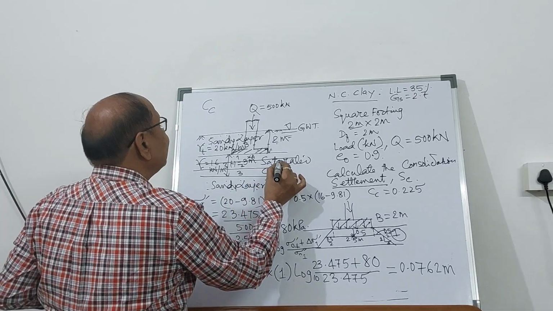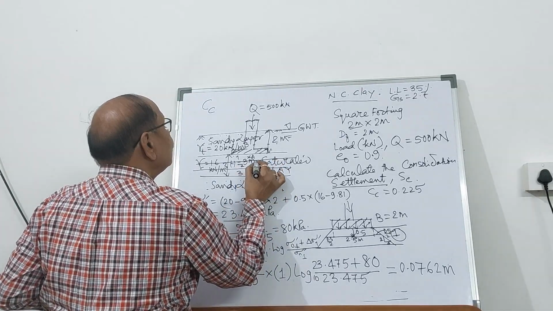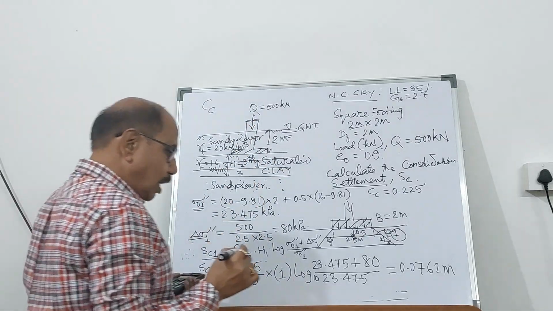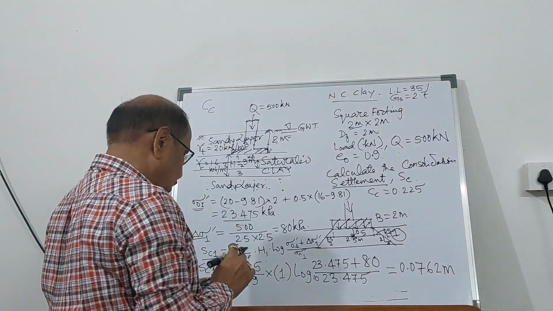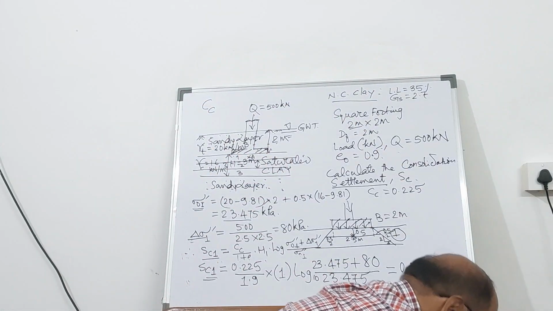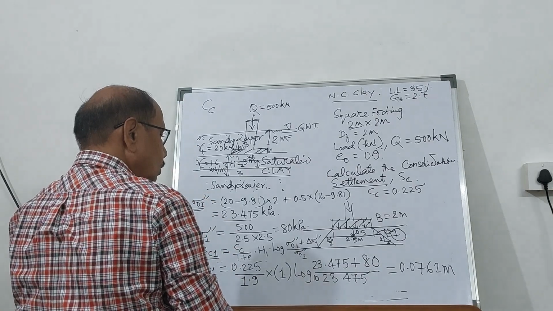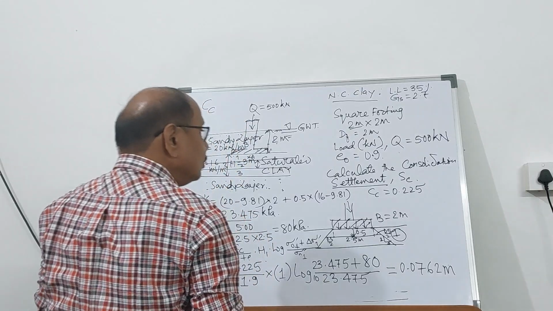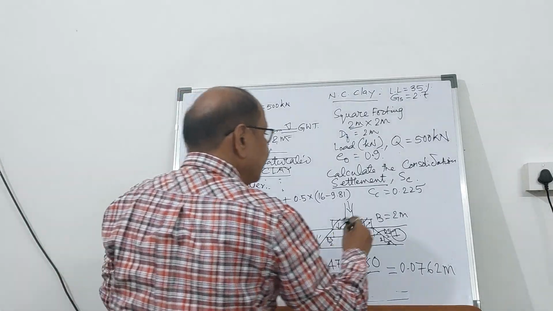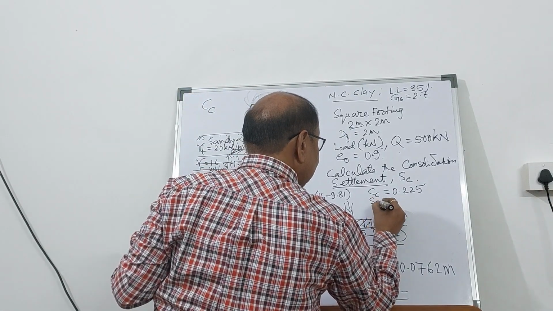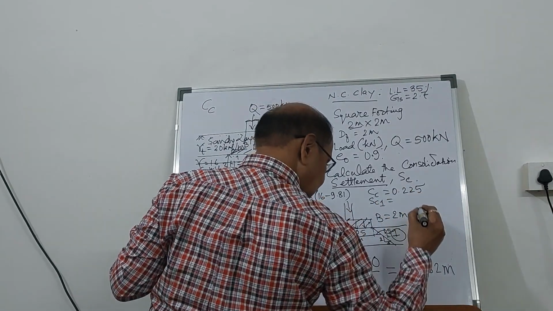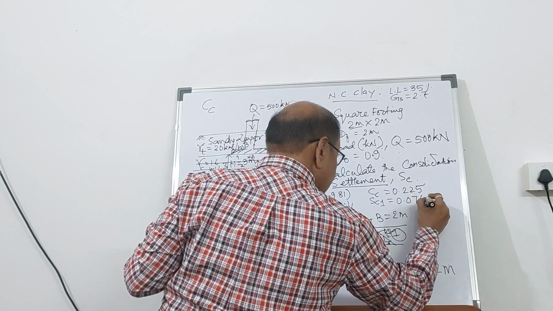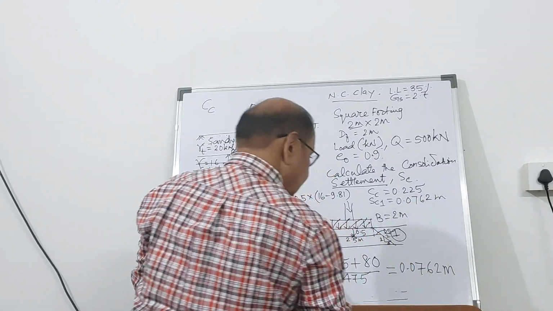Now layer 1 is over. You have got layer 2. So for layer 2, now you can compute the values. Now SC1 is known to me, so we can write SC1 as 0.0762 meter.